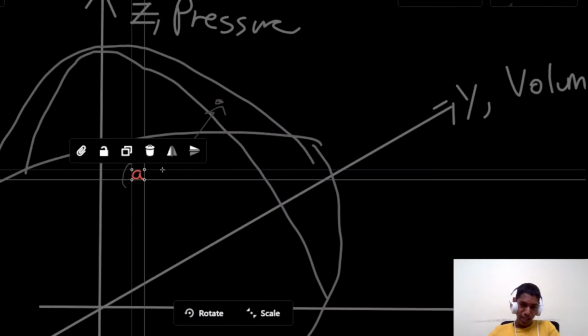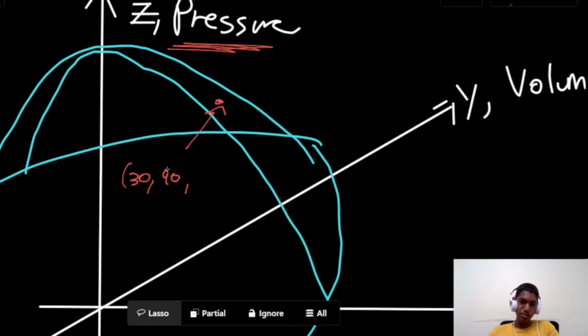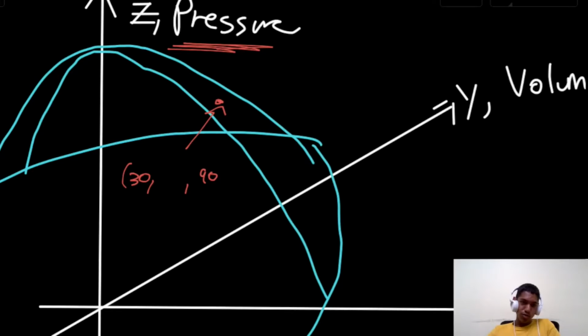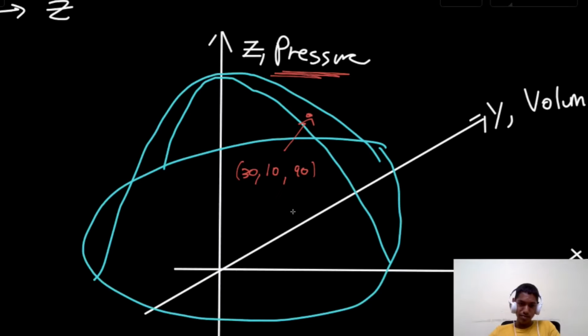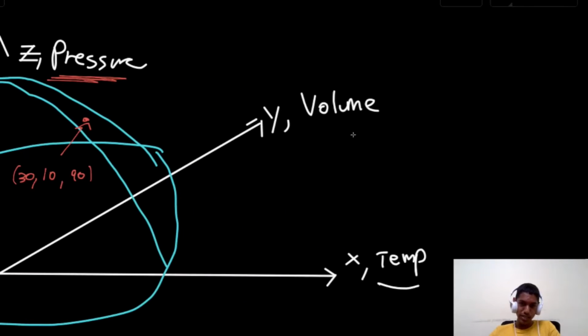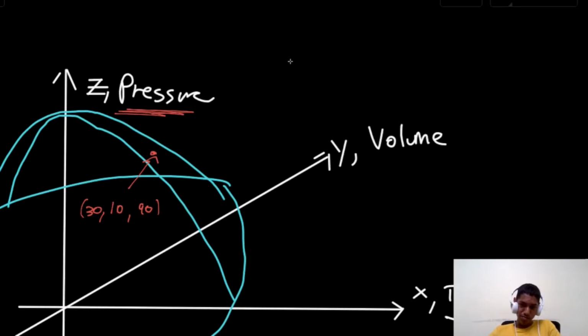This time we have 30, 90, and then some z value representing the pressure. Maybe this 90 will go here because it used to be pressure. So we have three numbers. What this means is you have 30 units of temperature and 10 units of volume, and those combine to make 90 units of pressure.